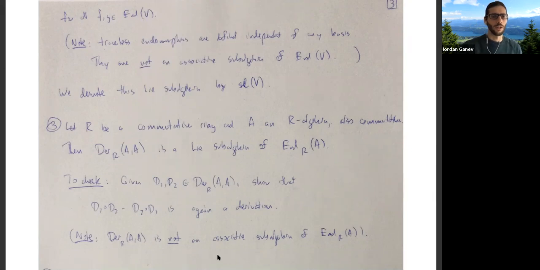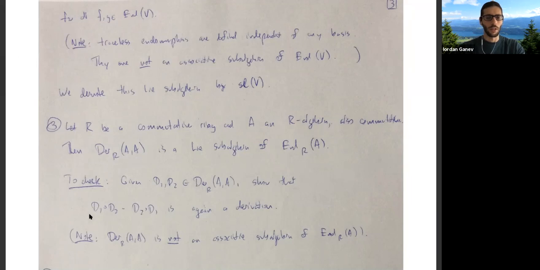So let's look at R derivations from A to A. These are in particular R linear endomorphisms of A. So a derivation is in particular an R linear map, so it's in particular something in here. Moreover, we claim that this is a Lie subalgebra of the R linear endomorphisms of A. And that's just an easy check.